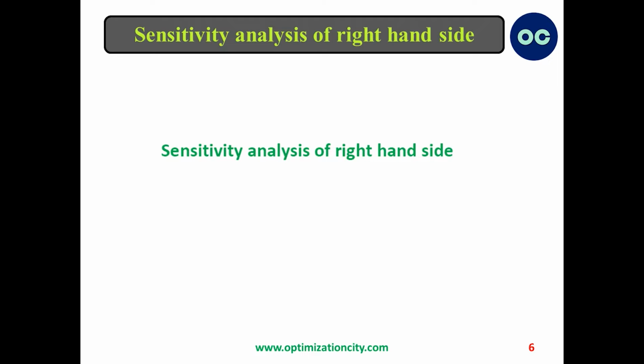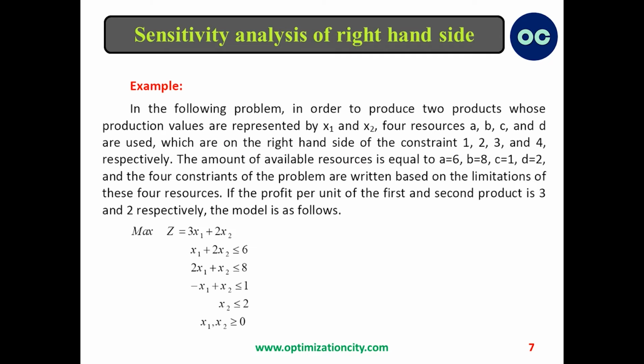To help explain this case, let's consider the following example in more detail. Let's consider an example where we need to produce two products represented by x1 and x2. To produce these products, we use the four resources A, B, C, and D. The available amounts of the resources are A equal to 6, B equal to 8, C equal to 1, and D equal to 2.